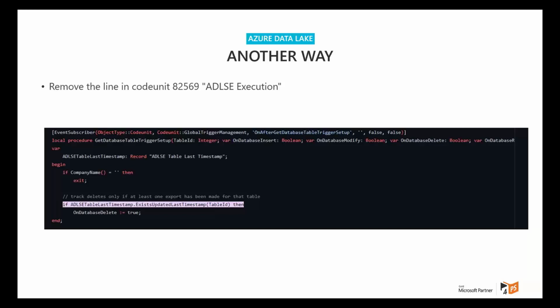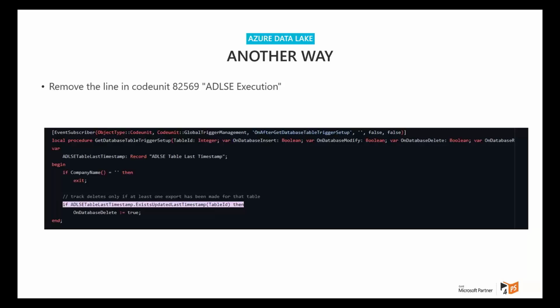But there is also another way if you want to store your deleted records only in Azure Data Lake. If you go to this code unit, ADL execution, then you can comment this line, so it doesn't track.